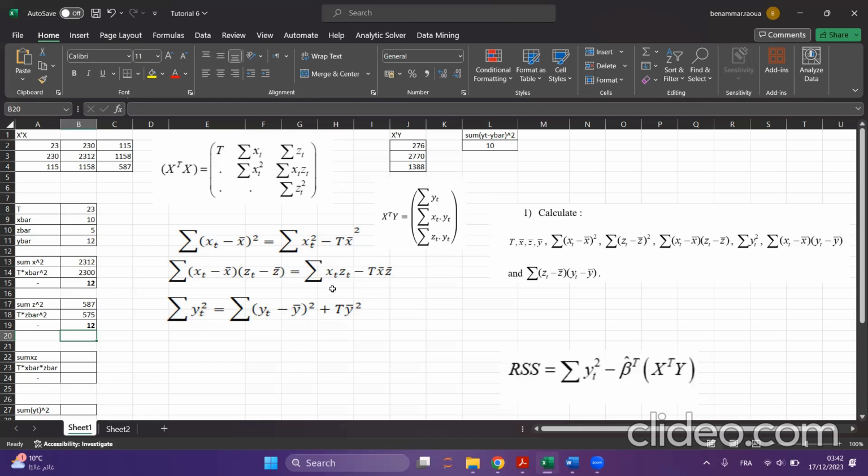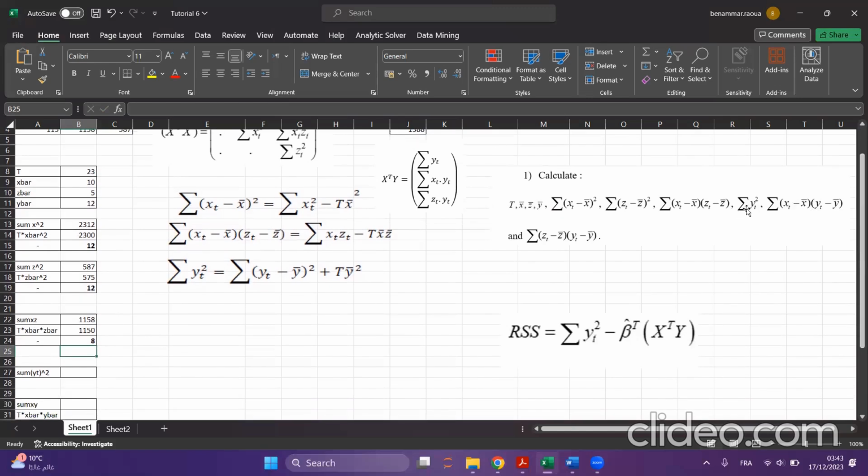So the sum of xt zt is this element, and the second part is T times x bar times z bar. And it's 8. So the sum of xt minus x bar times zt minus z bar is 8.